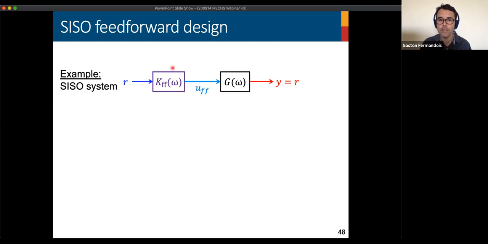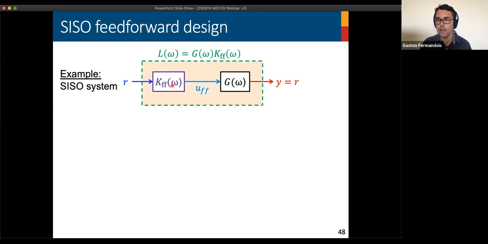we can do is design a compensator, KFF, such that the system in series of the compensator and the plant that we want to control will have an open loop system, L, that will have a unit gain and 0 phase for all frequencies. So basically that means that R is equal to Y and there are no dynamics whatsoever.